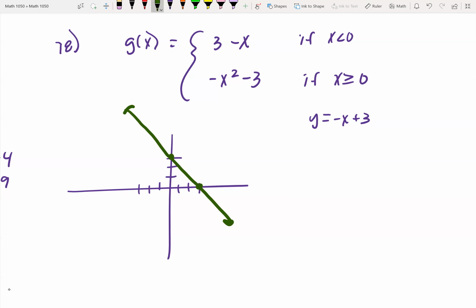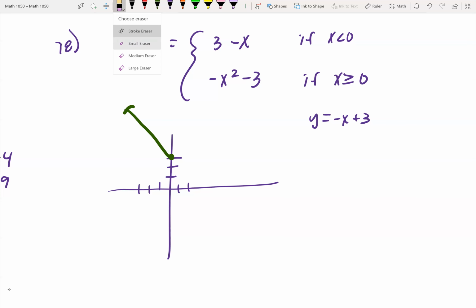But the only piece of that graph that's supposed to stay is less than 0. Here's your 0 right here. So to the left of that is this piece. So the right has to go. So that's gone. And then there's no equal sign, so the circle right there is actually going to be an open circle. So just be clear, okay?